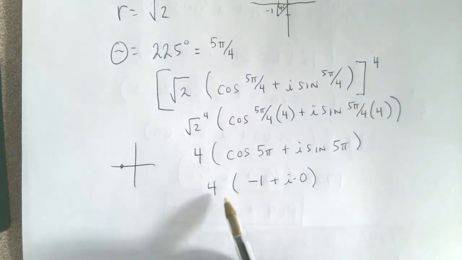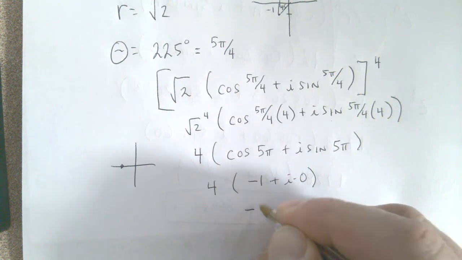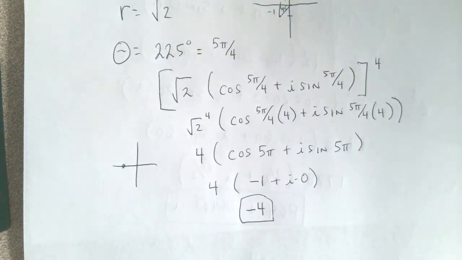So basically we're doing 4 times -1, which is -4. That would be my answer on that one. Any questions with that?